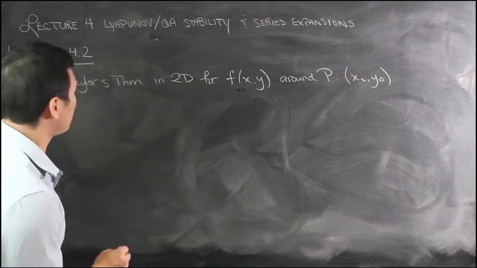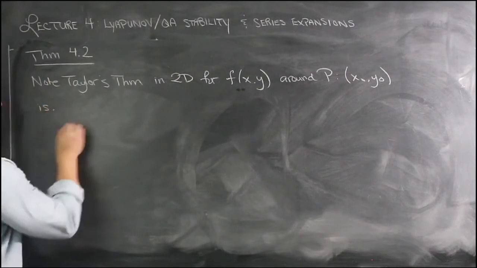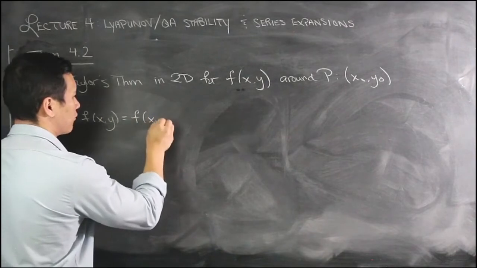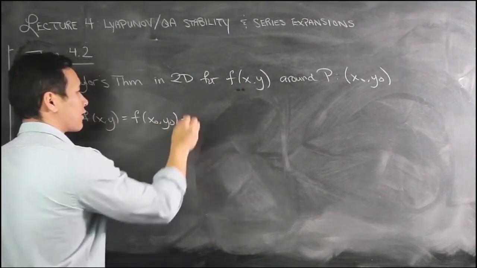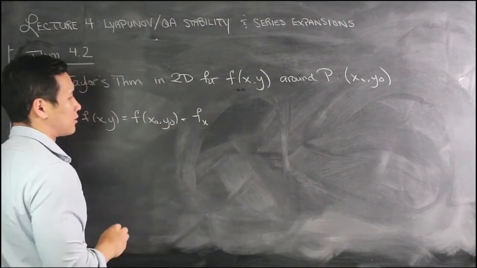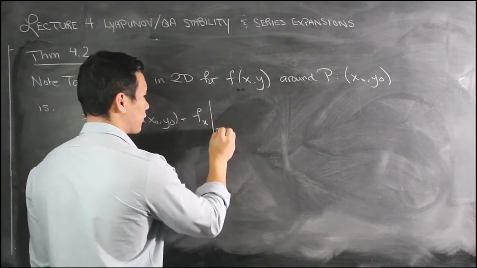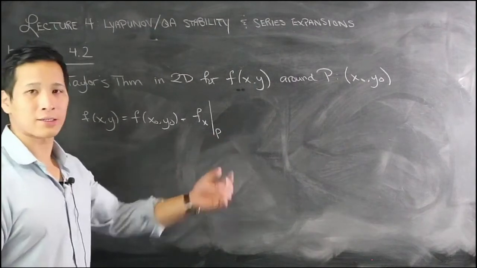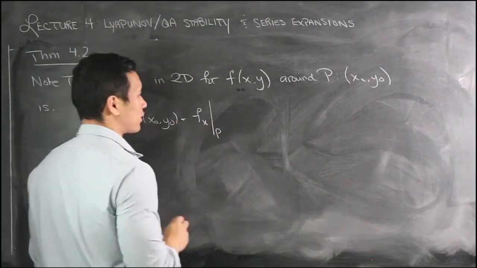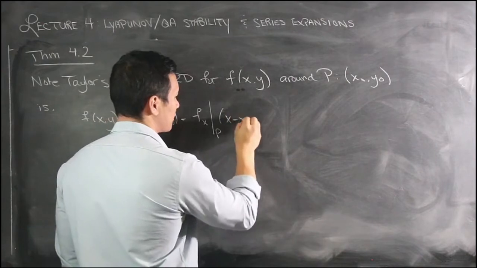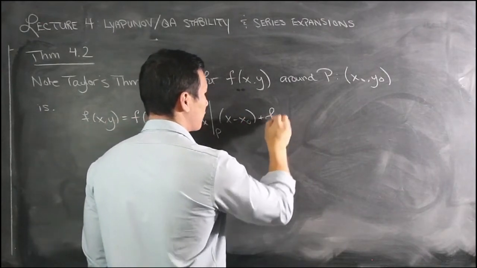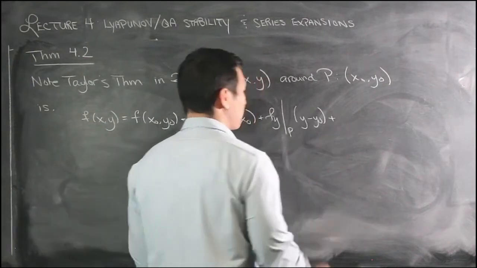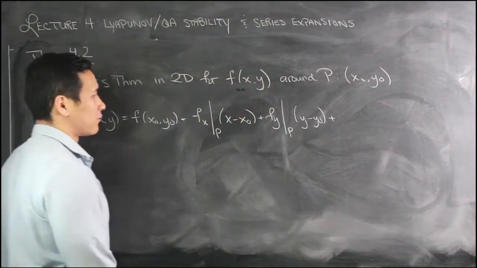Okay, around P, so f of x, y is f of x naught, y naught, plus f prime. I'm going to write that as subscript, and I'm going to stop writing f of x naught, y naught. I'm just going to write this as P, meaning you evaluate at P. You evaluate this gradient at P, and then it's x minus x naught, plus f y at P, y minus y naught, plus, and then now you need the mixed derivatives.